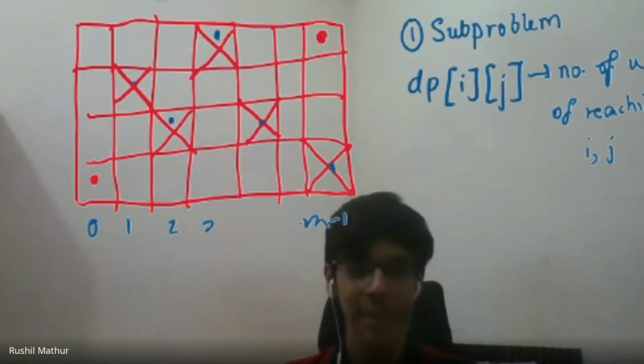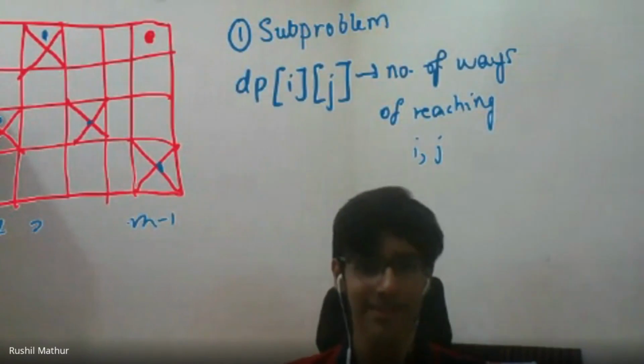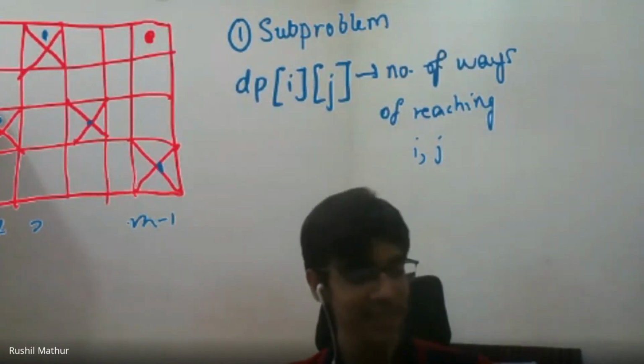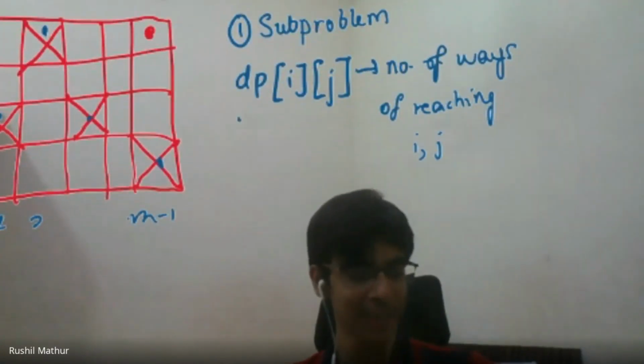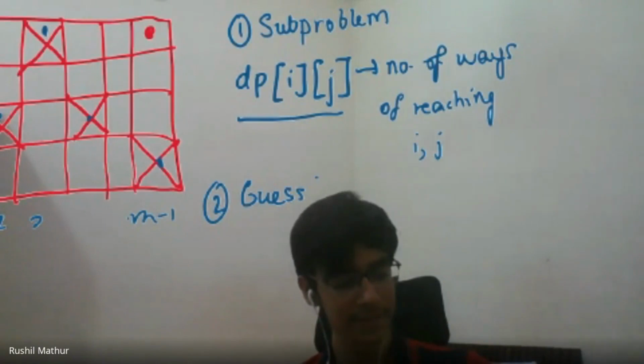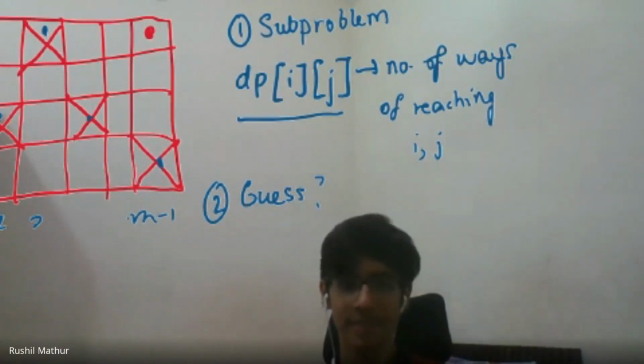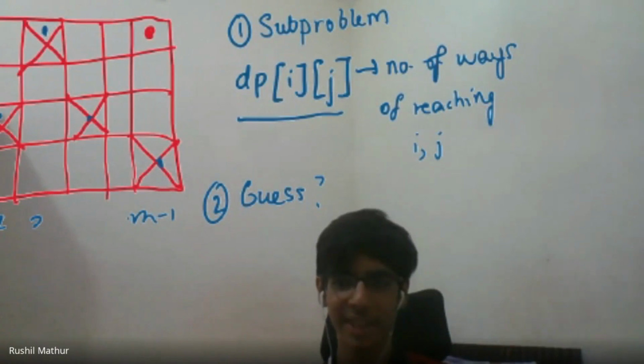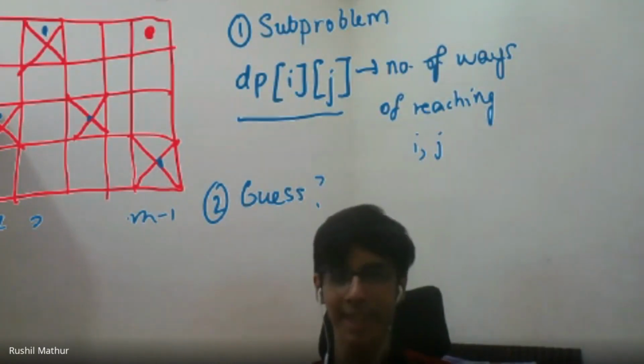First, we got the subproblem as dp[i][j]. This is nice. Now, what do we guess? What seems like a nice guess to make about dp[i][j]?